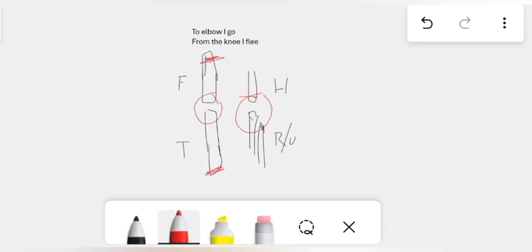And the radius and ulna, their growing ends are also at the elbow, right? So the nutrient foramen is directed downwards in humerus and upwards in radius and ulna. While in the case of femur, it was directed upwards, and in the case of tibia, it was directed downwards, right? So this is what it means, and that's all.